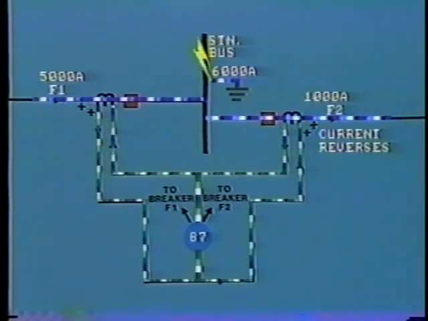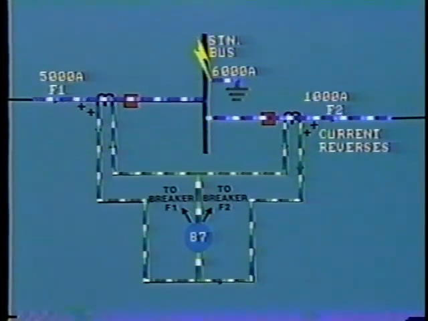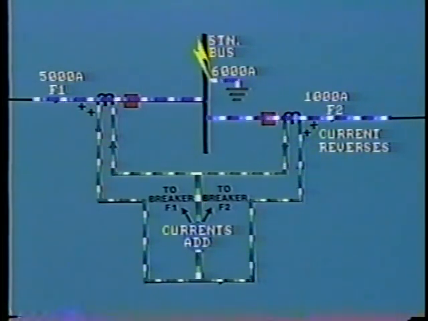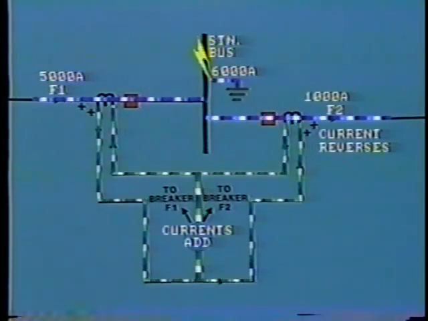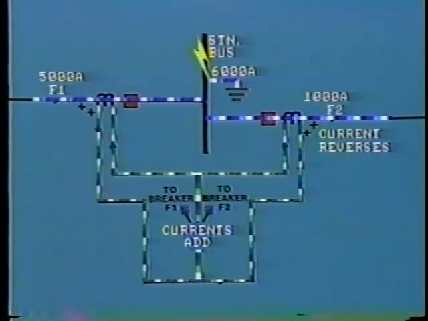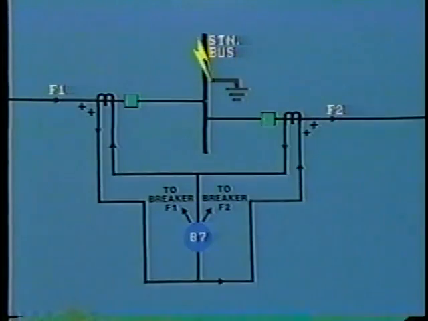Obviously, in this situation, we will have a very high value of differential, as the secondary currents will now be additive in passing through the differential relay operating coil. The relay will close its operating contacts and trip the breakers.